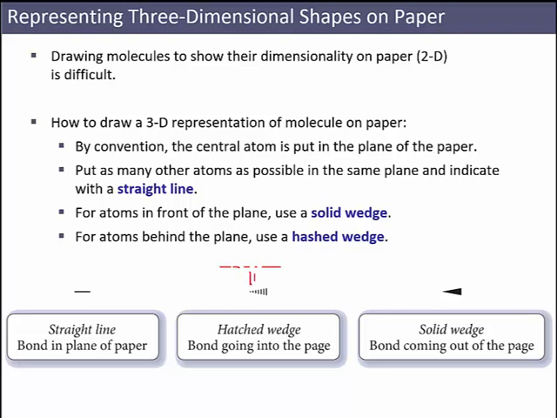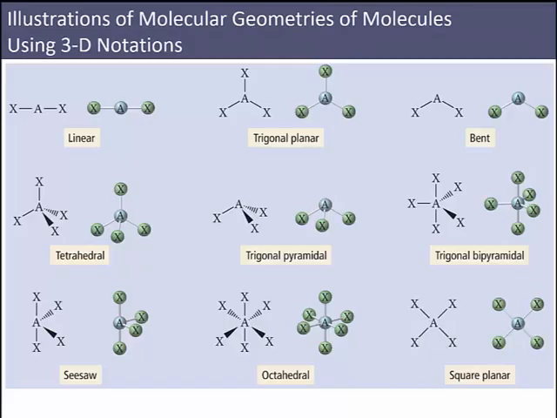Sometimes you might see a dashed wedge like this, where that's going away. It's a little bit flexible. Sometimes you'll see this as a bold line. So you might see carbon, and then we'll put one hydrogen here, and then another hydrogen here, and one of them will be coming out, and we'll do it as a bold line, and then dash, dash, dash, dash, going away. Okay?